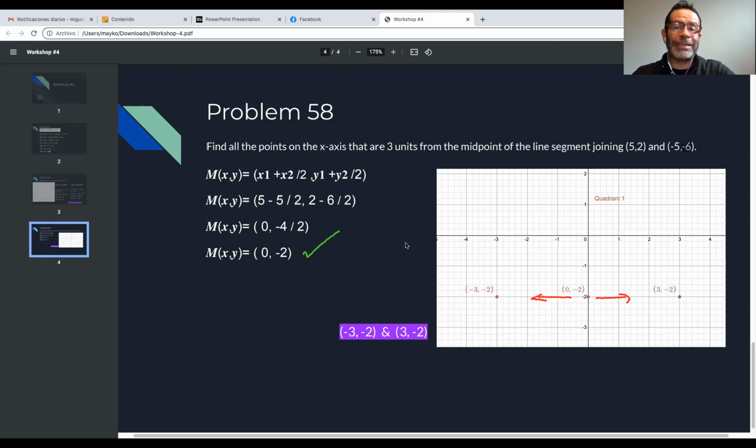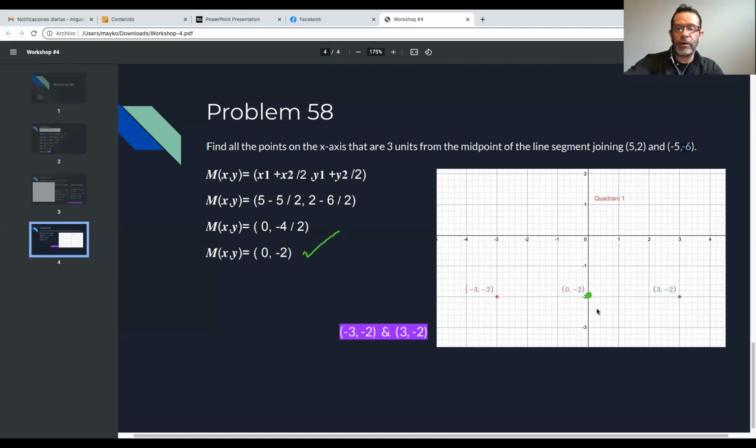However, that's not what the problem is asking. What the problem is asking is to find all the points on the x-axis that are 3 units from the midpoint. The midpoint, that's correct. We just found the midpoint. This is the midpoint right here. But what we're looking for are points along the x-axis.